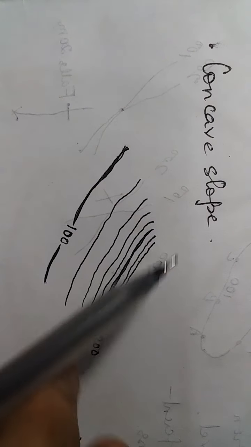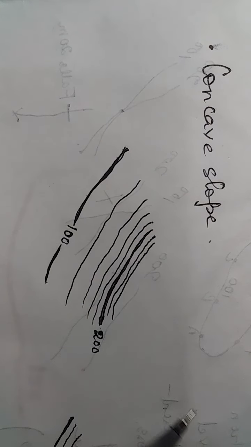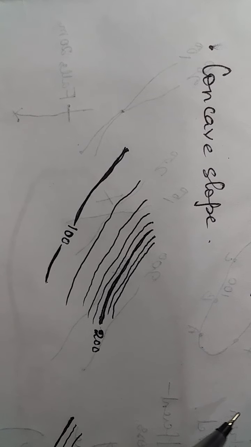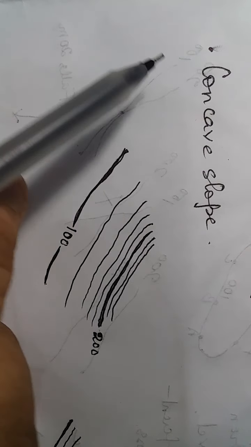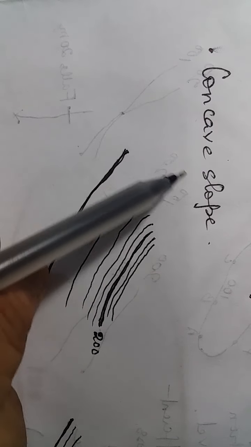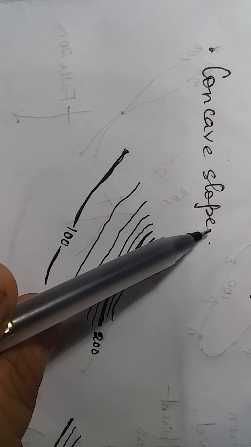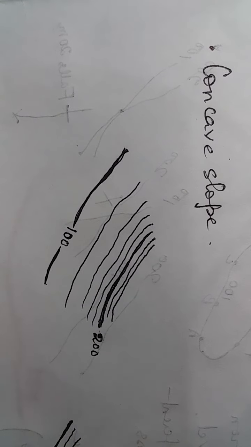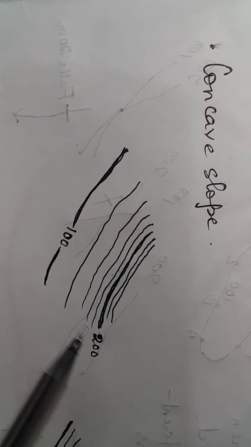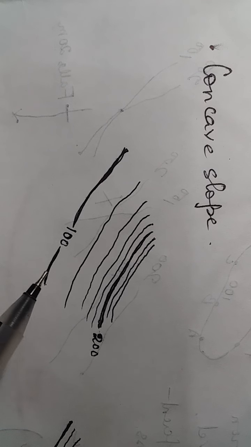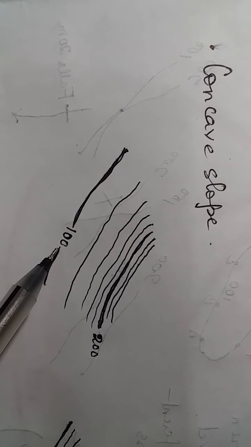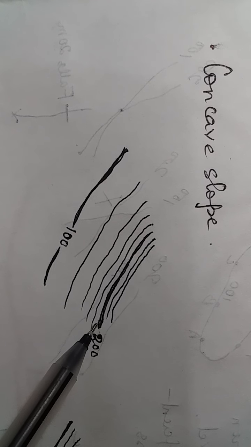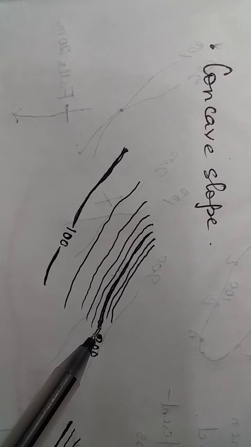Now let us interpret a few relief features using contour lines. The first one is the concave slope, and I have drawn a pattern of contour lines here. You can see this is the index contour 100 and this is the index contour 200.